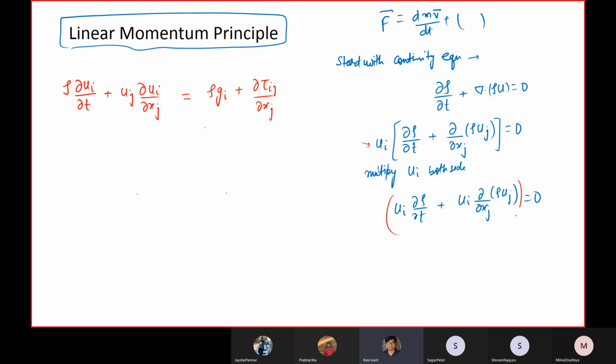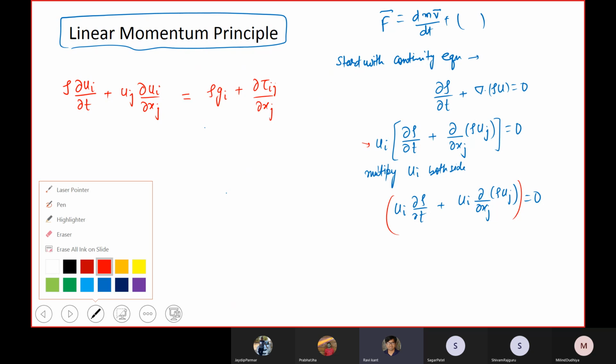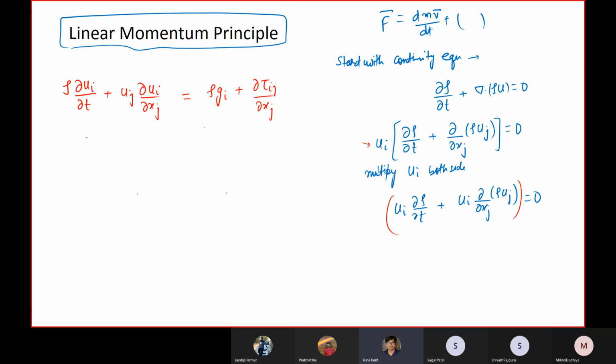Now since this thing is 0, I will add it to the left hand side here. I will add ui dou rho by dou t, and ui dou by dou xj of rho uj, to the left side. These can be clubbed.